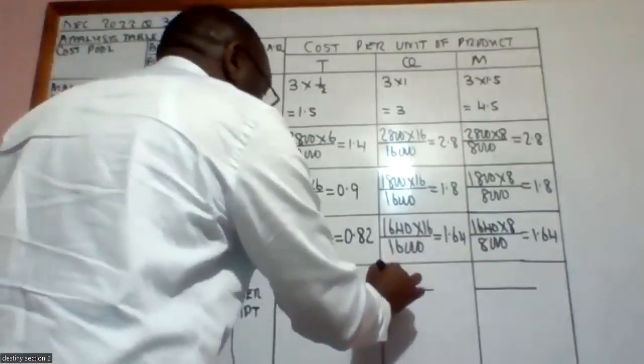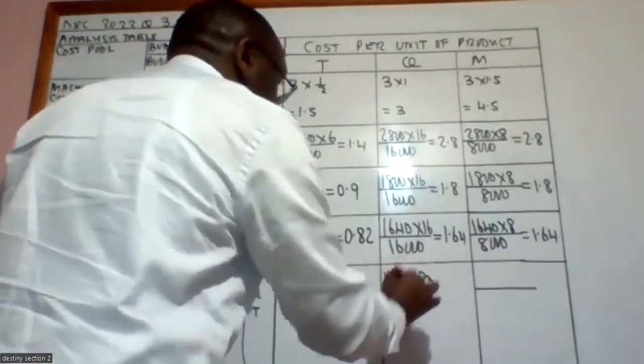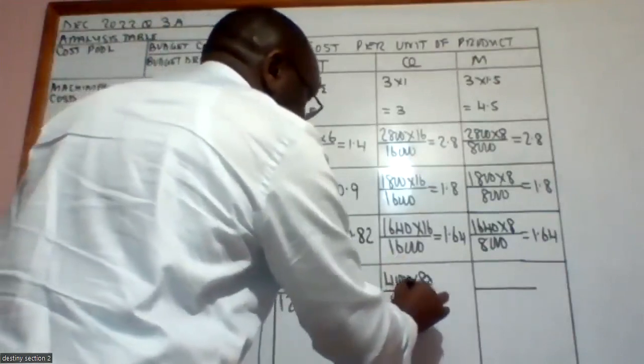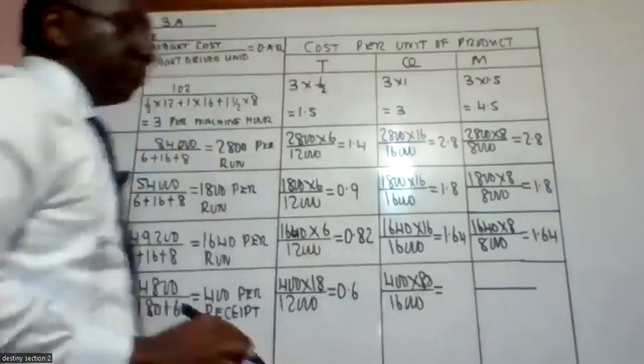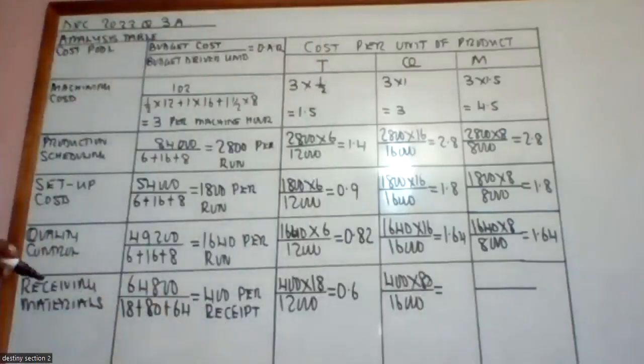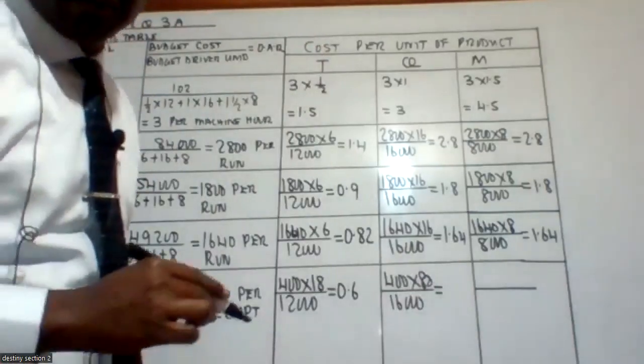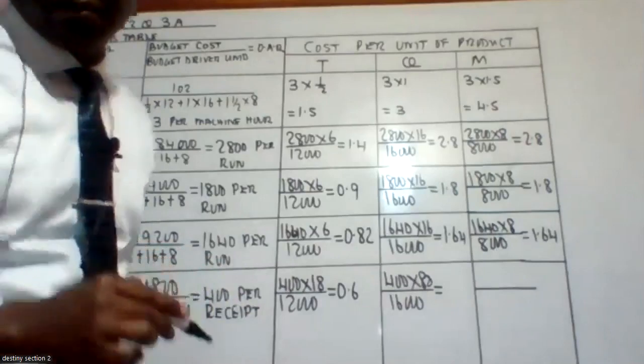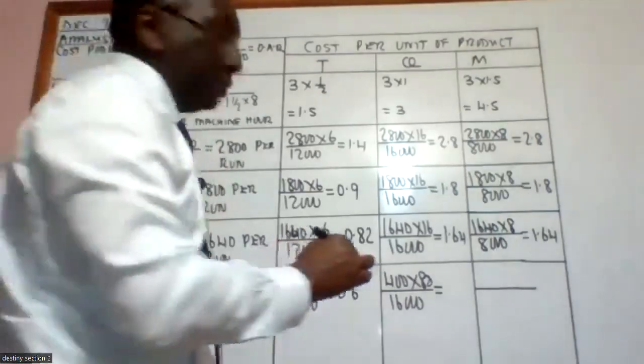Then 400 times 80, you divide by 16,000. That is 2.